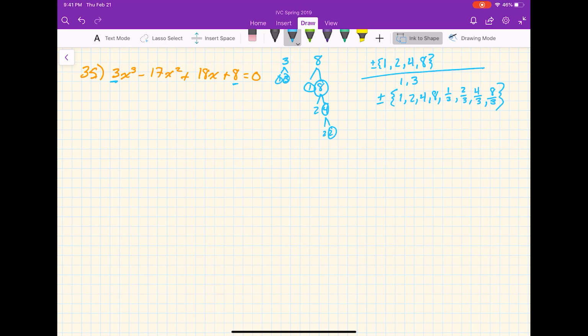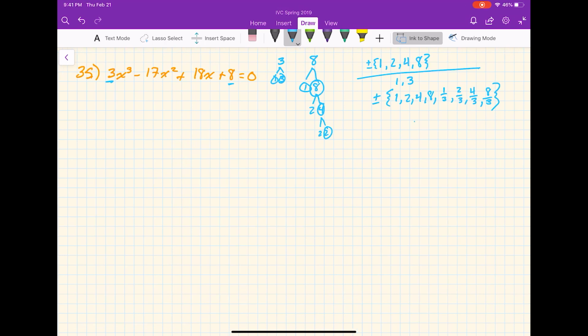Yuck. That is a lot of test values to plug through this. But we've got to do it.